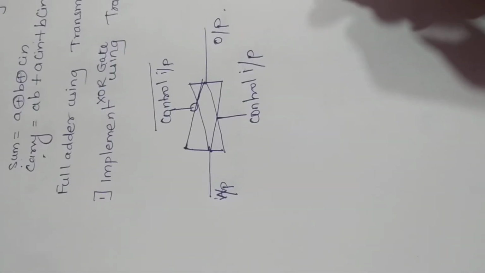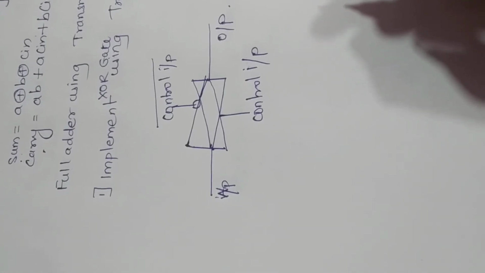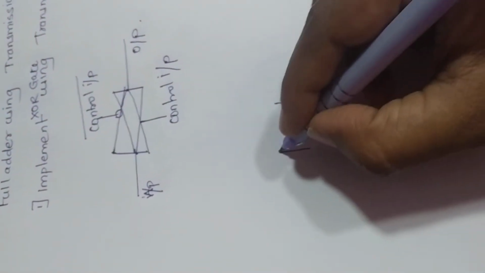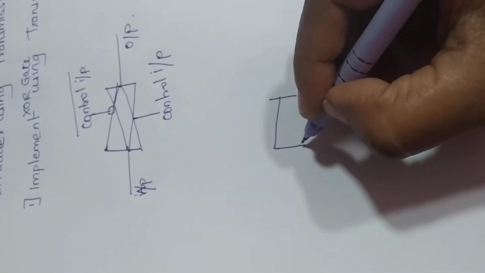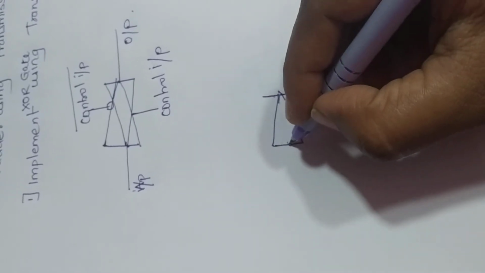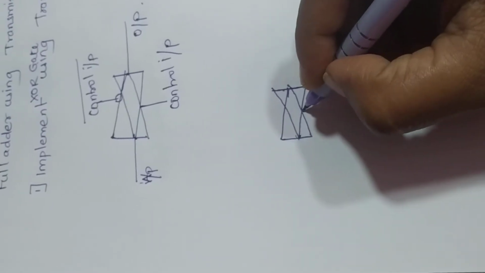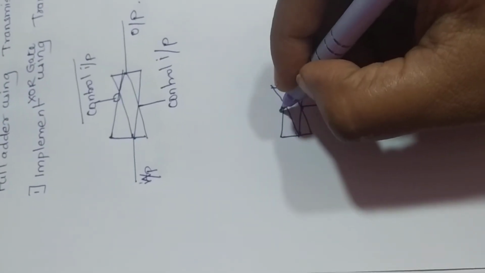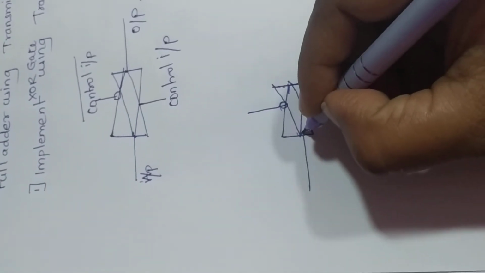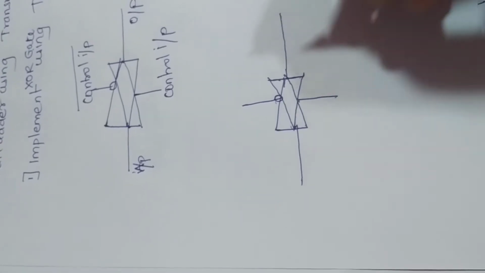Now let us implement the XOR gate by using transmission gate. First I will take one transmission gate. Let me try to draw the symmetric diagram. This is the NMOS input, this is the PMOS input, this is the input, this is the output.